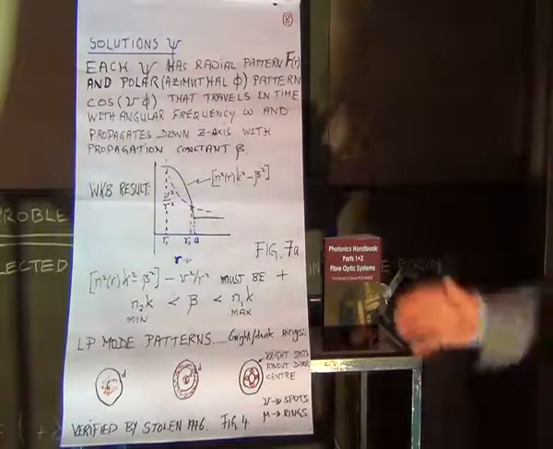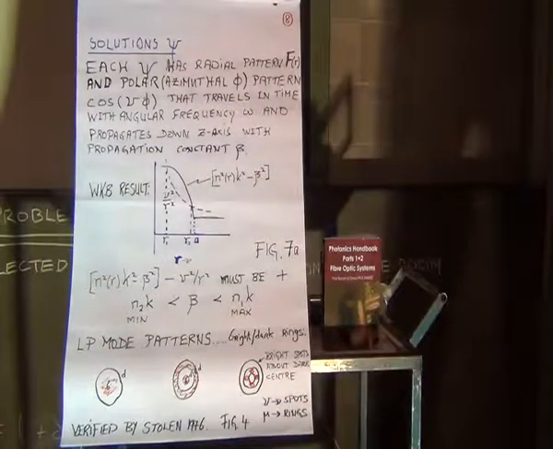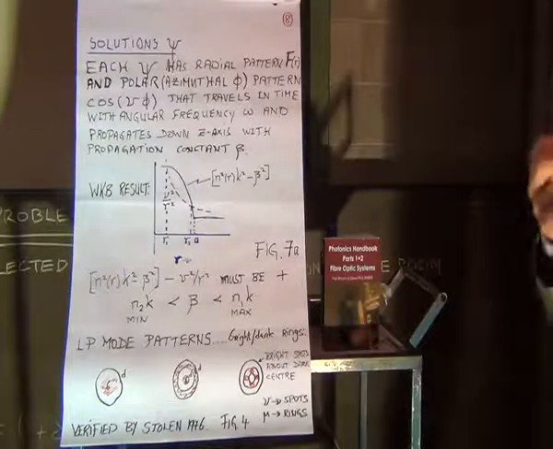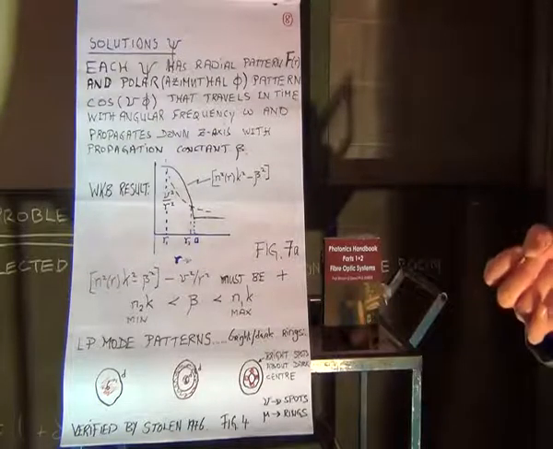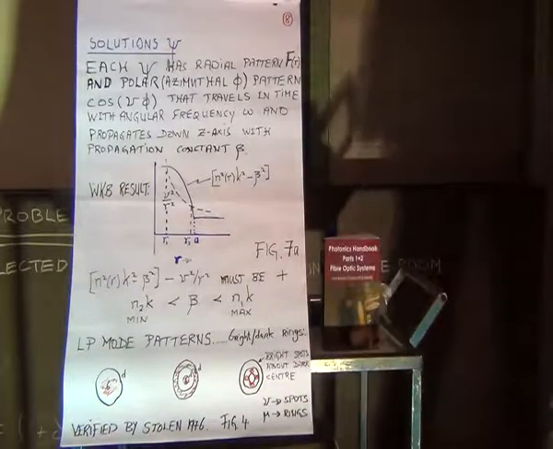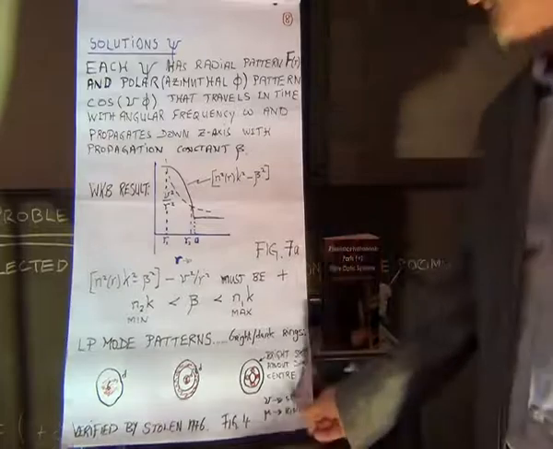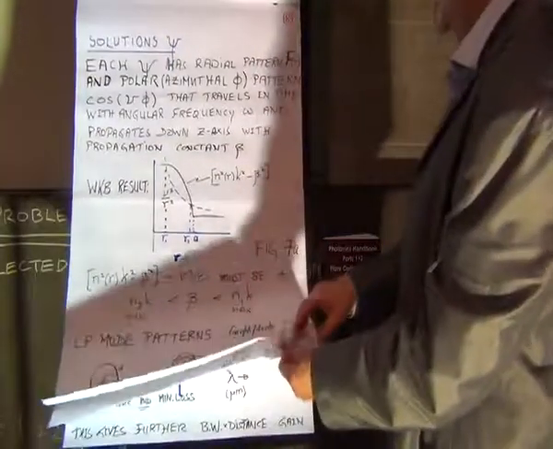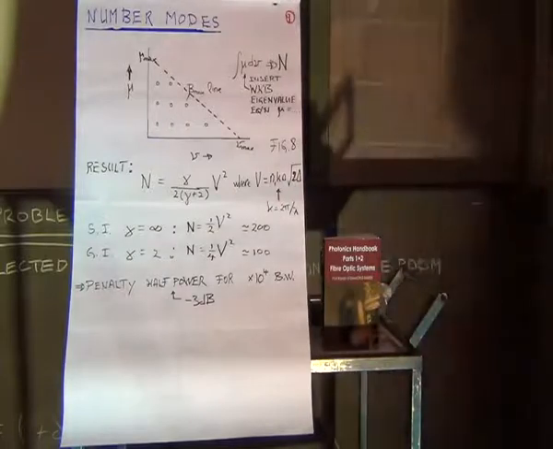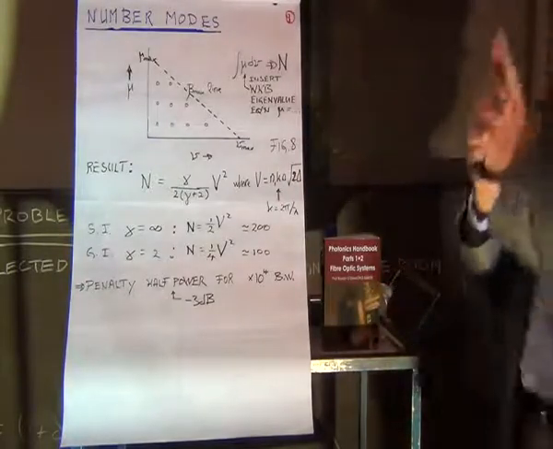So the end result of the WKB analysis is what's called the eigenvalue equation. It's the equation which tells you beta once you define those two integers.